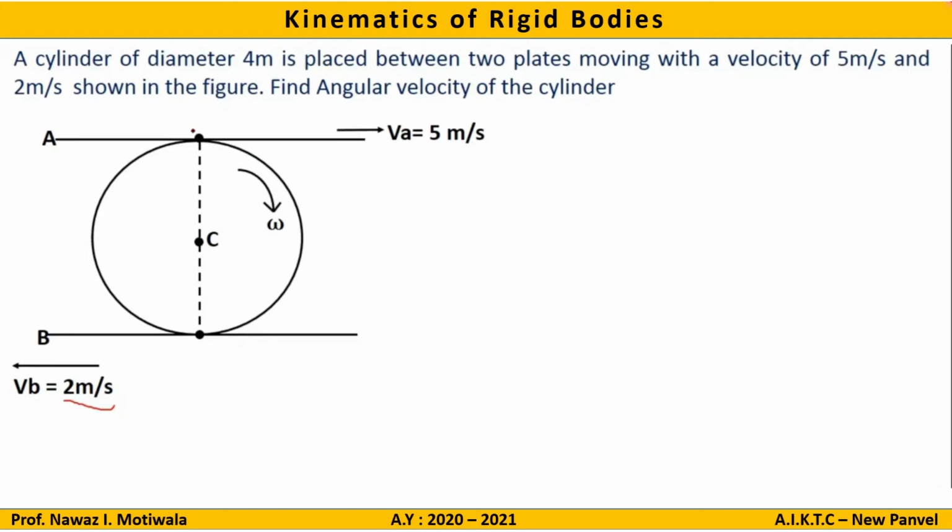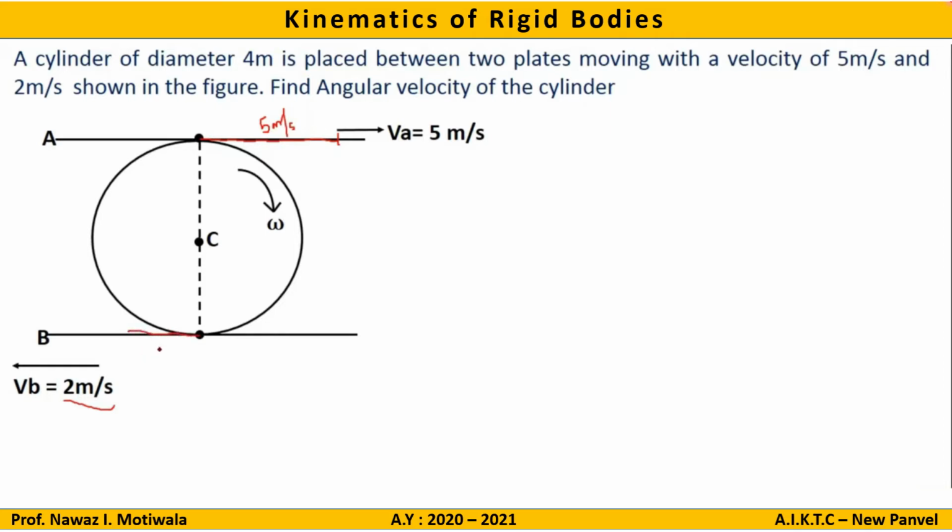I will make a line of proportionally 5 meter per second here, a proportional line which will indicate the figure of 5 meter per second. Now I want to make a line for 2 meter per second, and I will make it in the left direction, because the velocity is in the left direction.